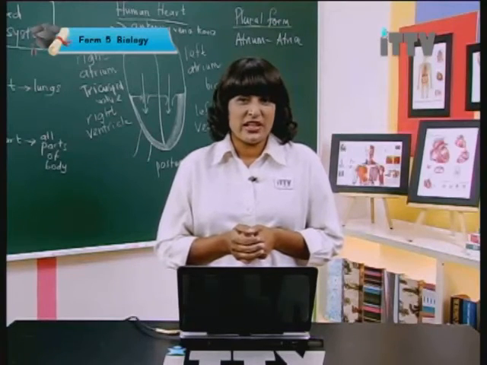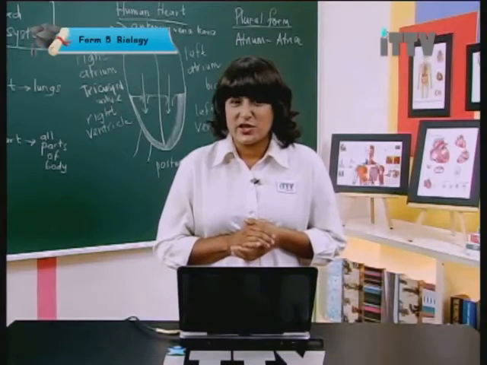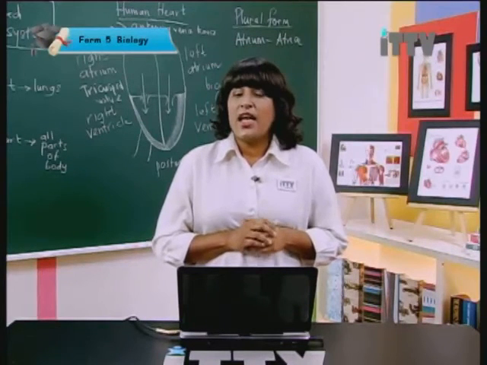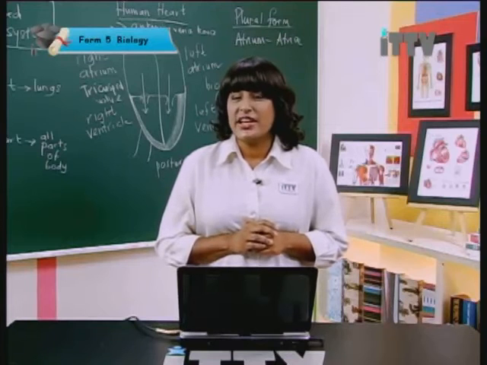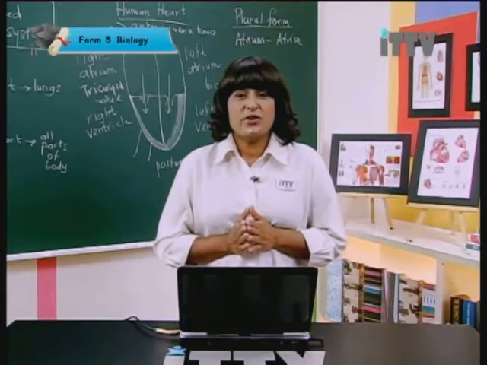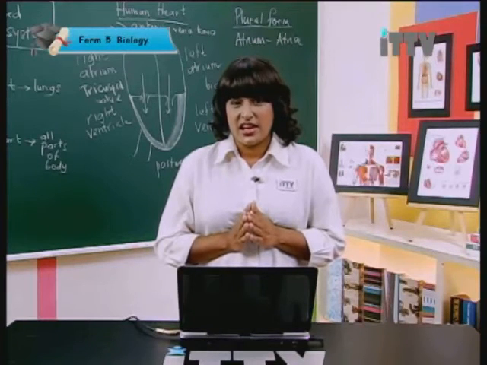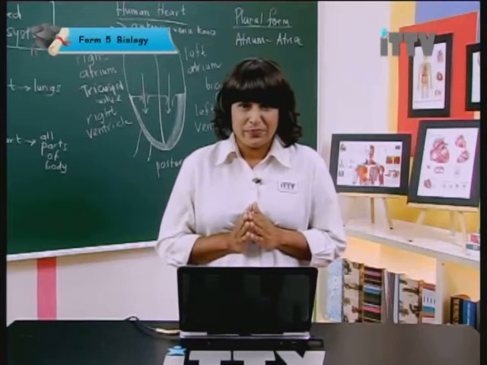We have mentioned earlier that the heart is a myogenic muscle, hence it does not require stimulus from the brain. Now we're going to take a look at what actually initiates the stimulus within the heart. There is a node called the Sinoatrial Node, which is located at the base of the anterior vena cava in the right atrium.